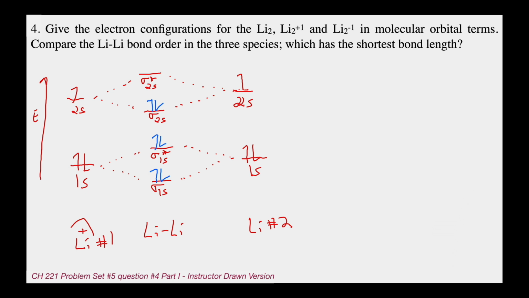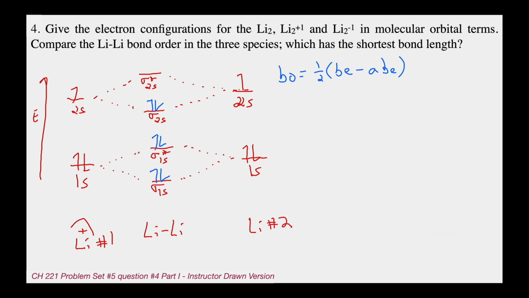Now, if you want to formalize this, you can actually figure out the number of bonds. This is the way that molecular orbital scientists determine the bond order. Bond order in molecular orbital diagrams equals 1/2 times bonding electrons minus anti-bonding electrons.